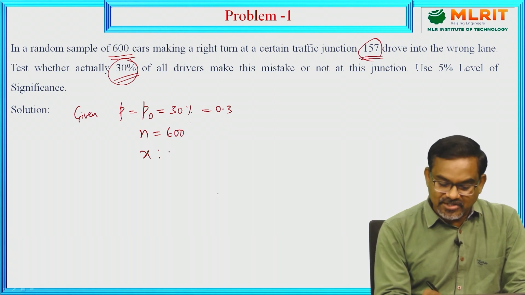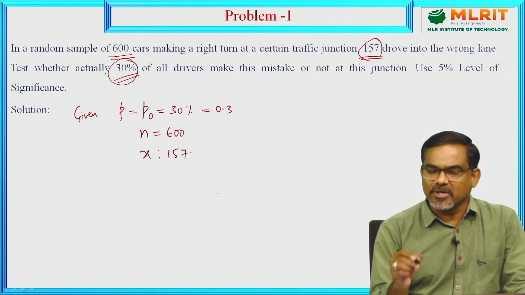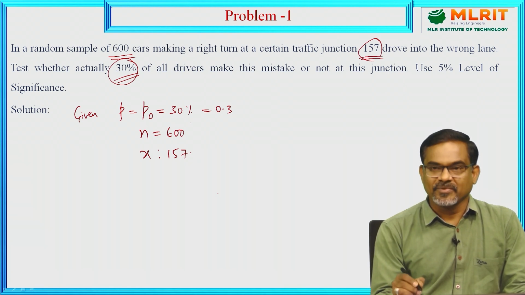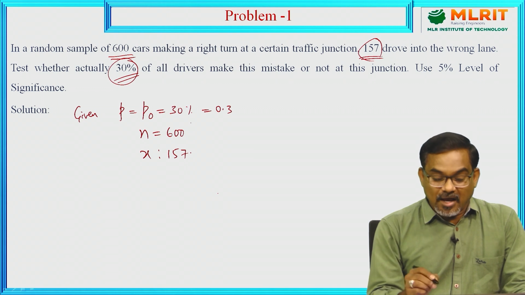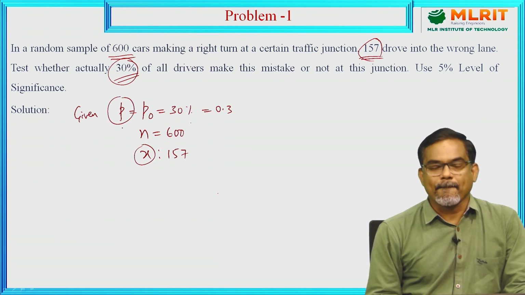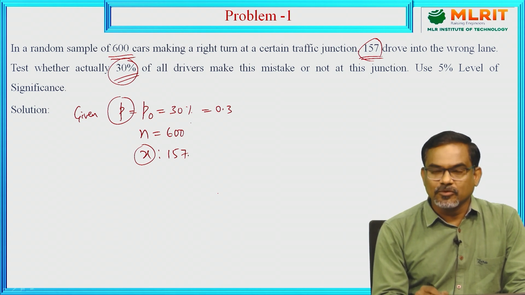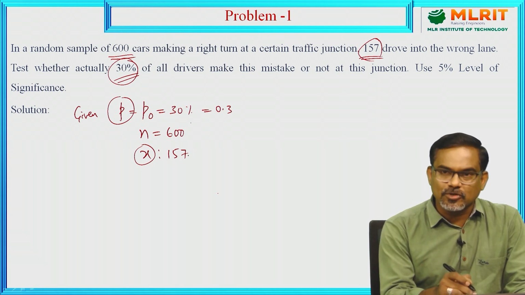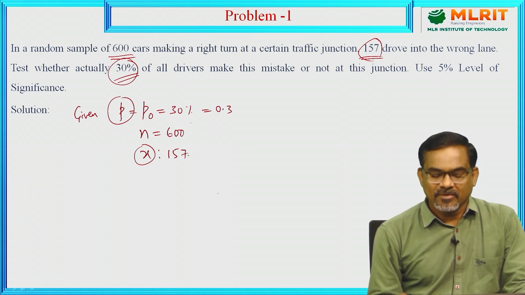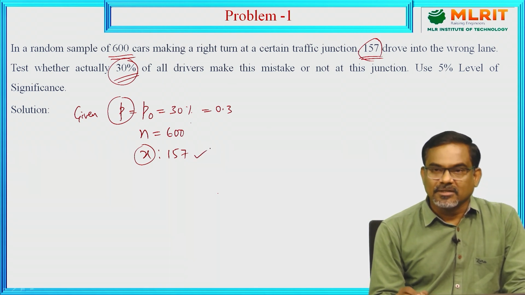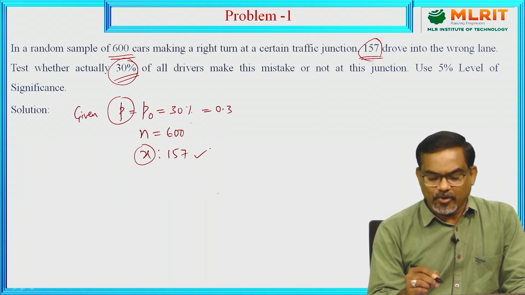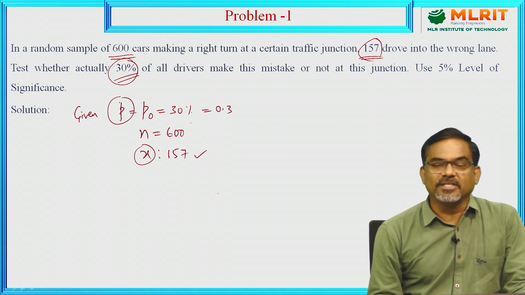So, if I consider x as 157, the number of drivers who committed a mistake at a particular junction, that is x. The main thing is this x and this small p both should be matched. If x denotes the number of drivers who committed mistake, then p also should be the proportion of drivers who committed mistake. Or if x denotes the number of drivers who have driven properly, then this p must be the same.